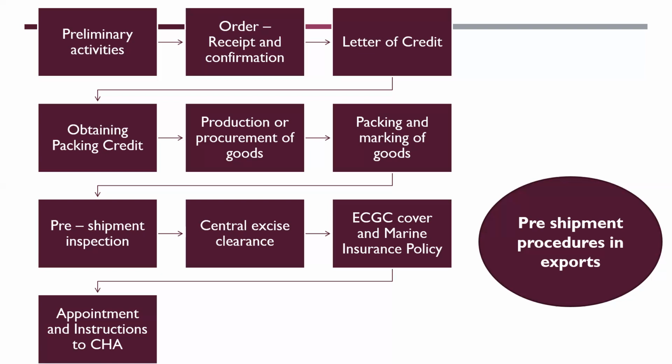So the inspection has to happen once the goods are leaving the warehouse of the exporter. This inspection is undertaken mainly to check the goods that we are dealing in, because at the initial stage also, when they take a permission, obviously we need to mention what kind of goods they're dealing in. But there are certain chances that what we mention on the documents and what we are actually manufacturing may vary.